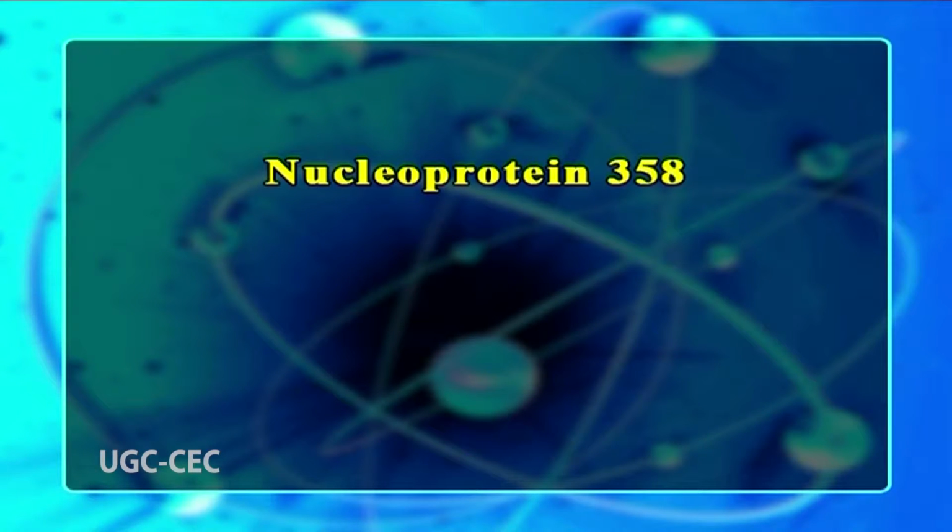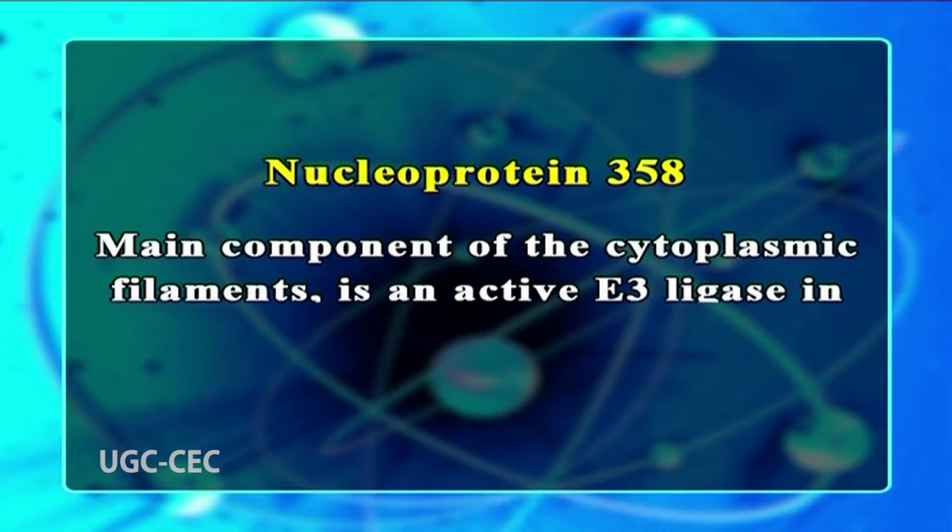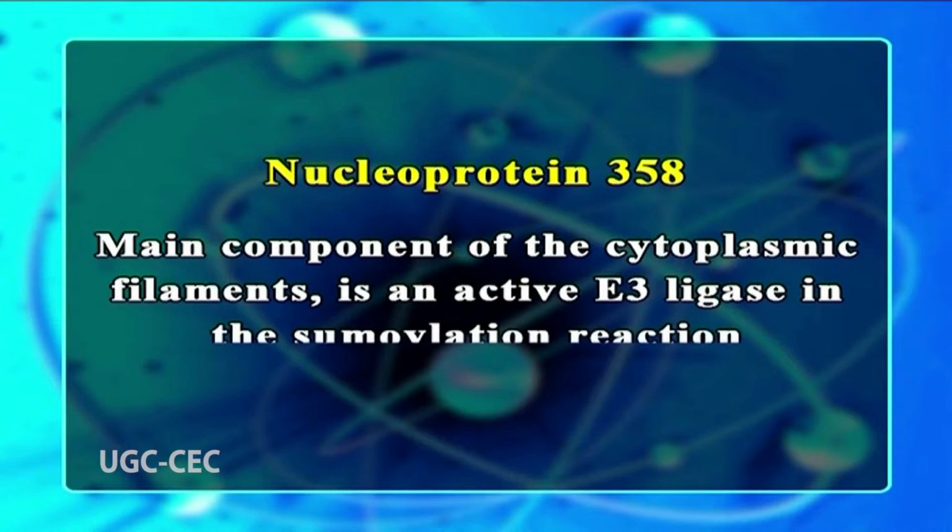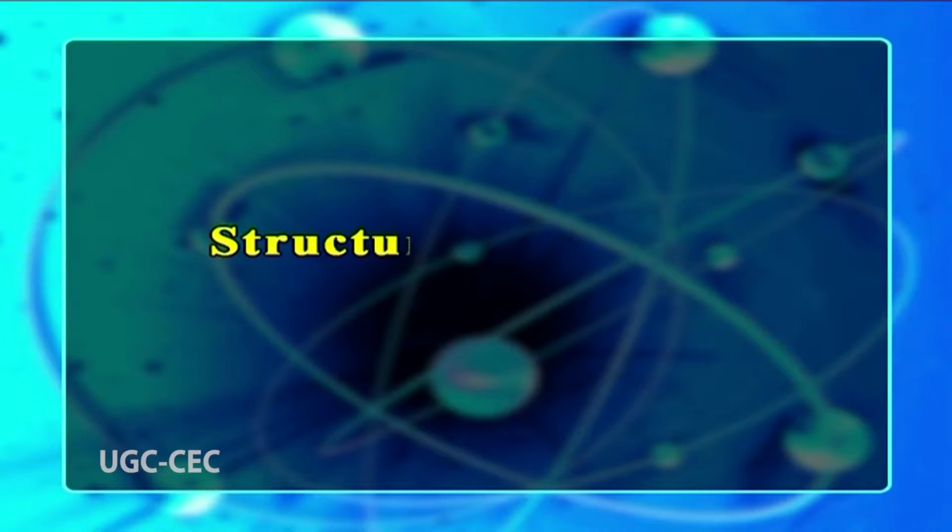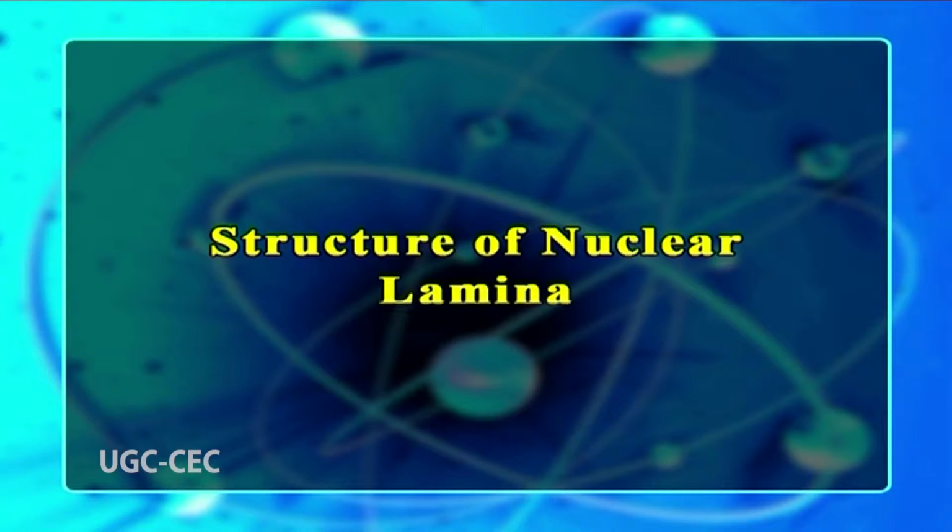Interestingly, nucleoporin 358, the main component of cytoplasmic filaments, is an active E3 ligase in the sumoylation reaction. Last but not the least, several reports have associated nuclear pore complexes with chromatin organization and regulation of gene expression, especially in lower eukaryotes. Now we will briefly describe the structure of the nuclear lamina.